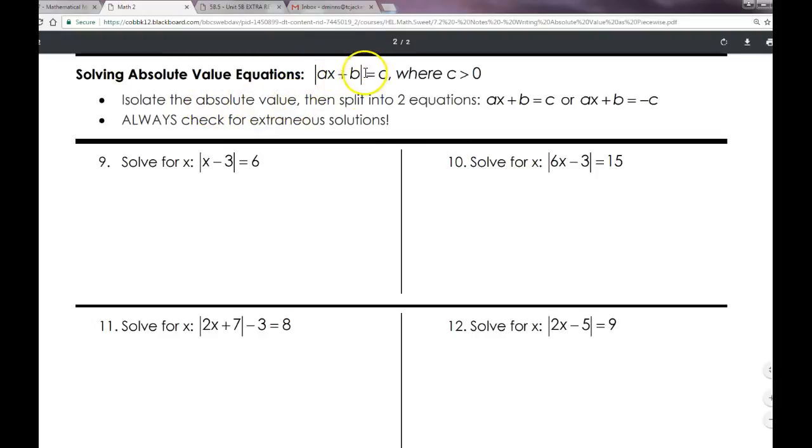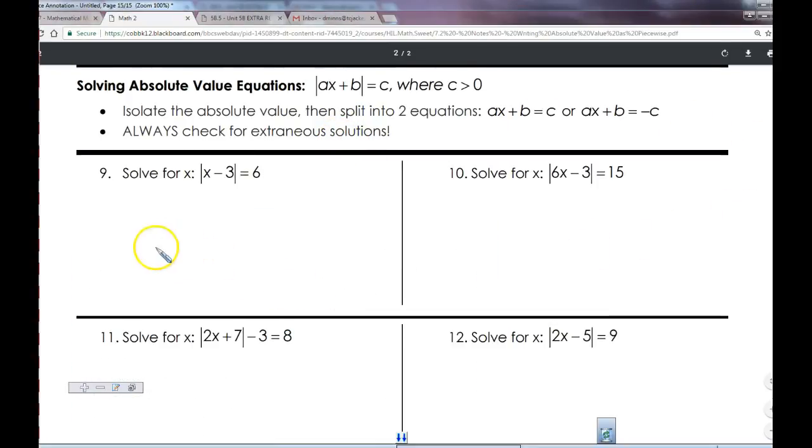That means if there's something added outside of the absolute value bars or multiplied outside the absolute value bars, you have to get rid of that first. You just need the absolute value all alone on one side and a number on the other side. So isolate the absolute value, then split into two separate equations: ax plus b equals c, or ax plus b equals negative c. Always check for extraneous solutions, so we'll do that as well.